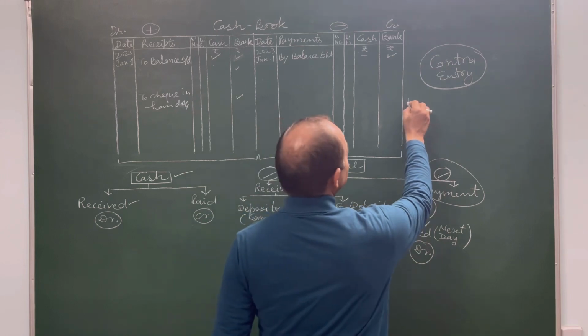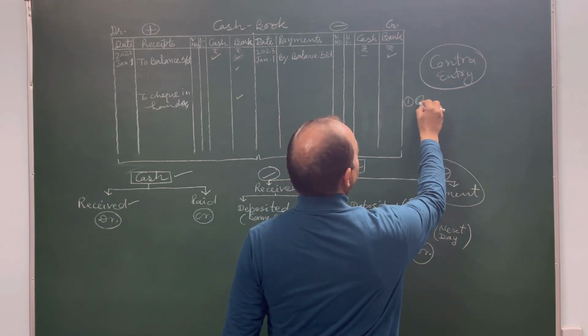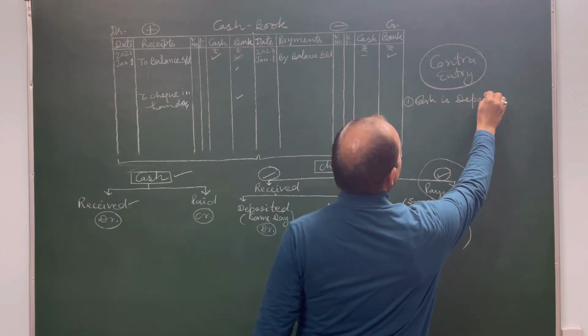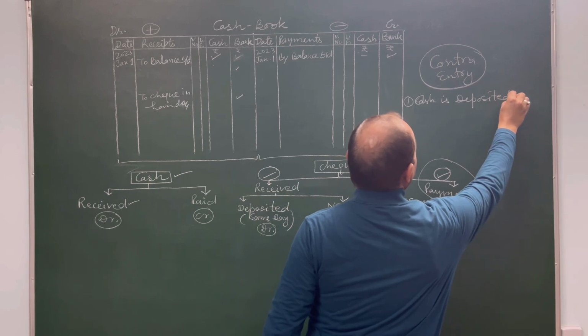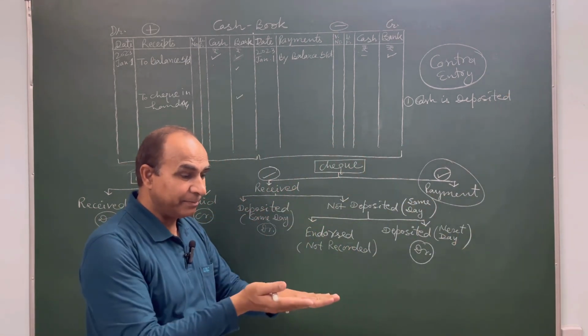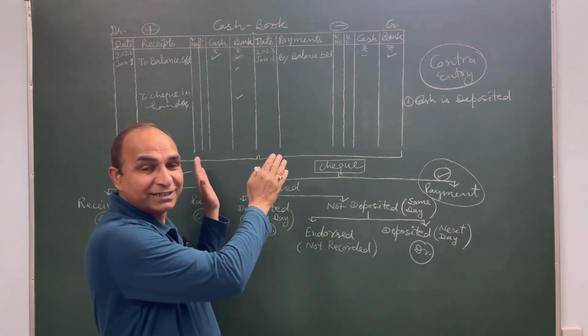The first case is when cash is deposited into the bank. When we deposit cash into the bank, cash balance decreases, bank balance increases. So that affects both sides of the cash book.